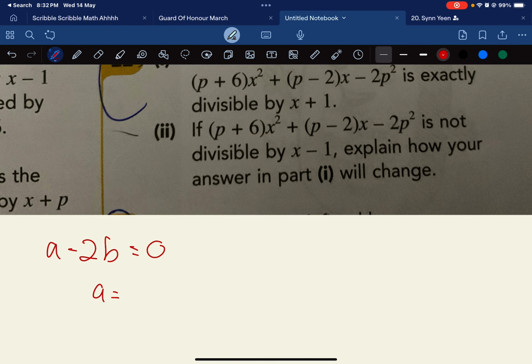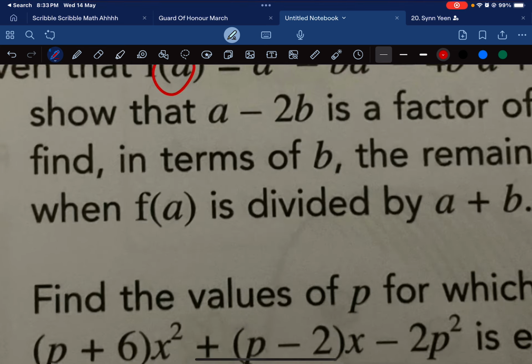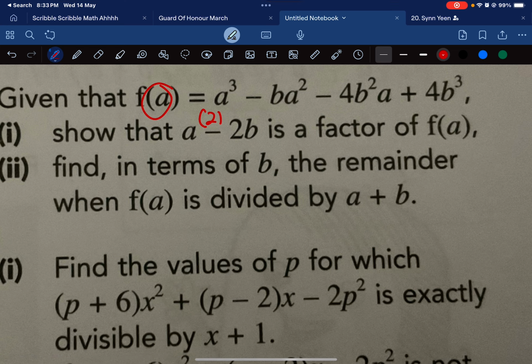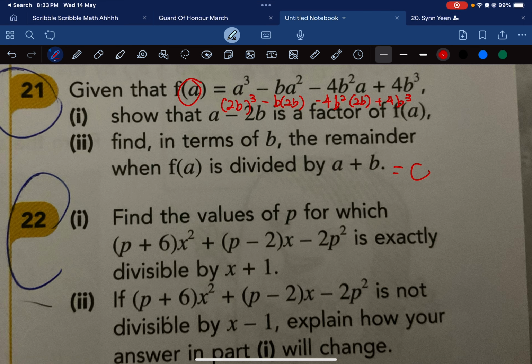So a equals 2b. Then we just sub 2b inside, which will become 2b cubed plus b(2b) squared minus 4b squared (2b) plus 4b cubed. And if this equals 0, you have shown the answer.